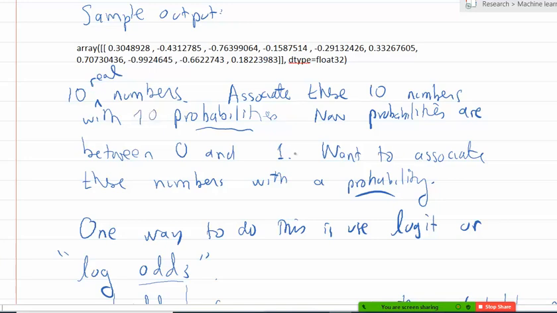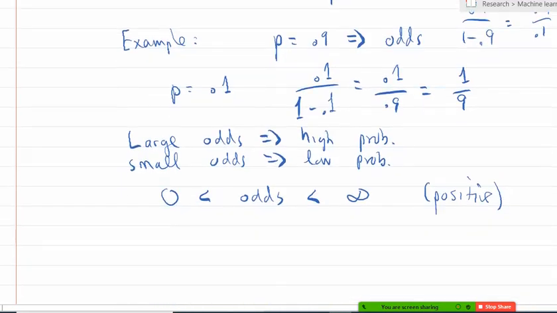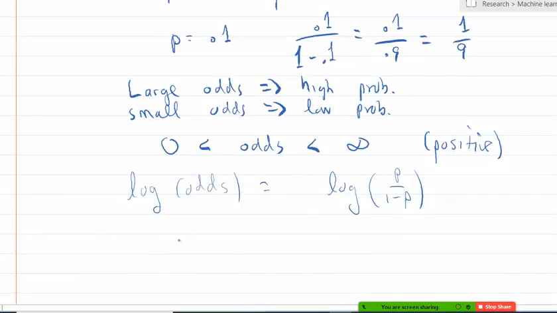And probabilities are between 0 and 1, so I'm working up to how to get a number between 0 and 1. So if I take the log of the odds, that's going to be equal to log of p over 1 minus p. Now the logarithm of a positive number gives a real number.